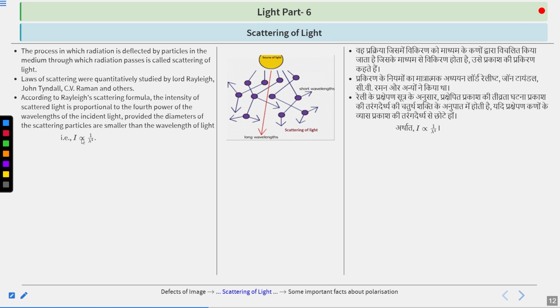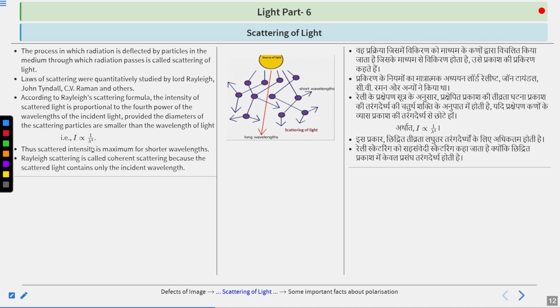Therefore, I is proportional to 1 by lambda 4. Thus, scattered intensity is maximum for shorter wavelengths. Rayleigh scattering is called coherent scattering because the scattered light contains only the incident wavelength.